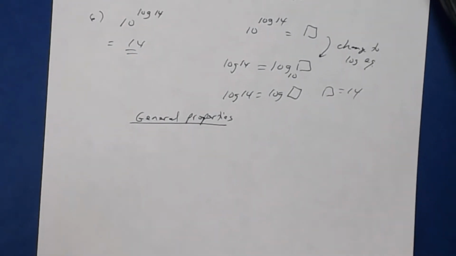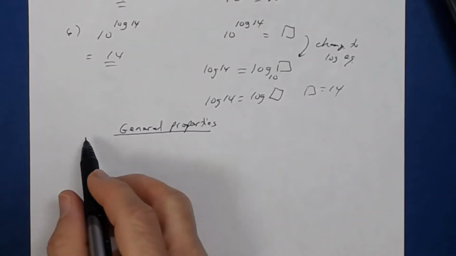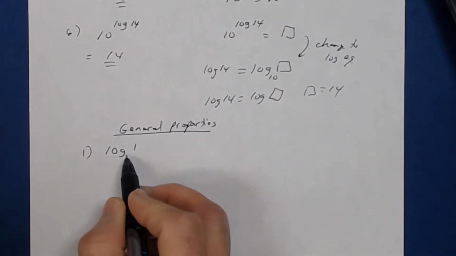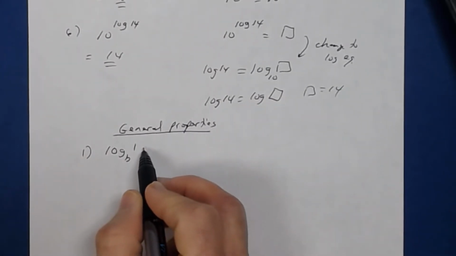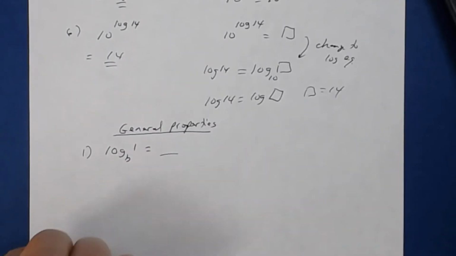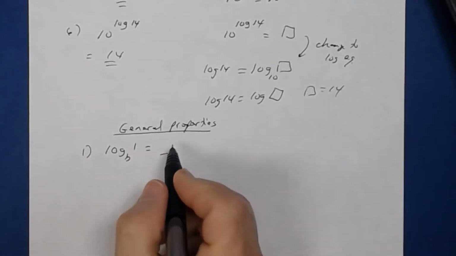So in general, do you remember now with all that we've talked about, number 1, if I have the log of 1, regardless of what the base is, what is that equal to? Well, let's think. B to what power is 1? 0.